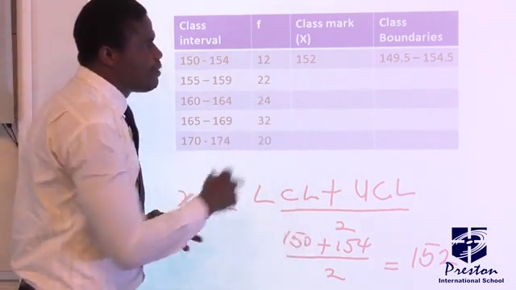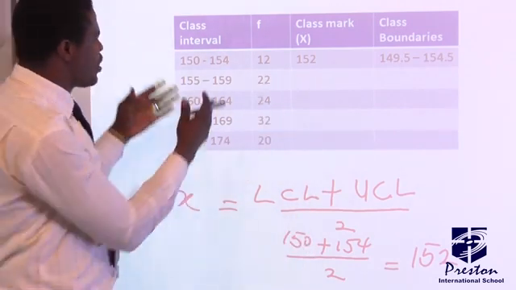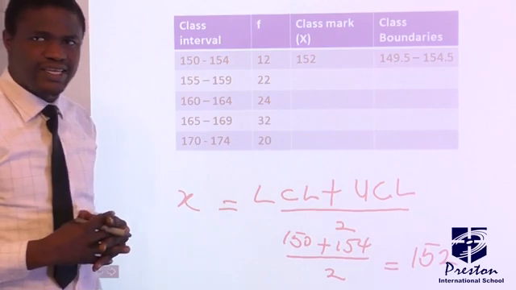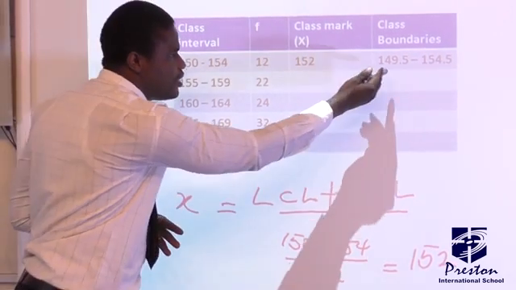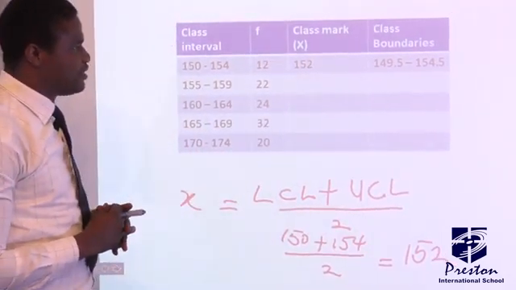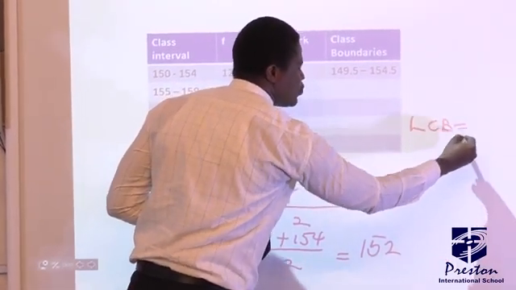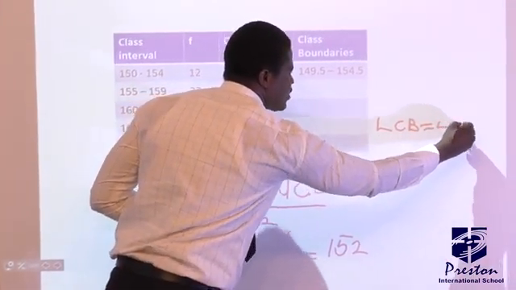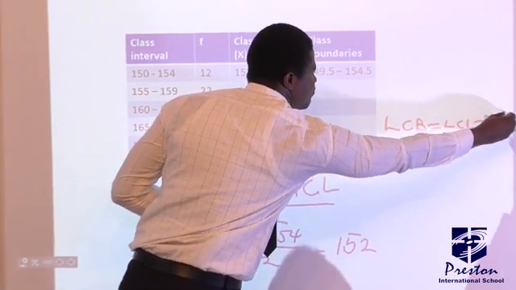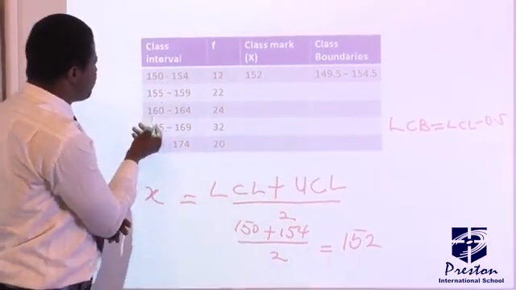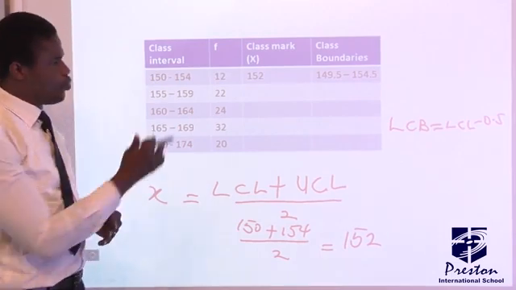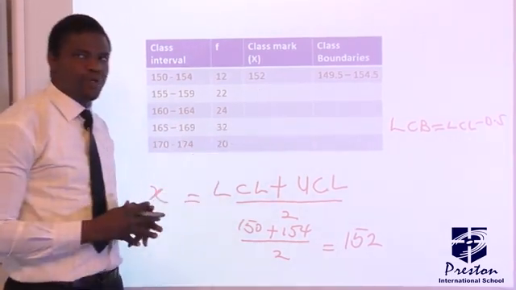Also, we need to talk about class boundary when we are talking about a class interval. Now, how do we get the lower class boundary? The lower class boundary is equal to lower class limit minus 0.5. If you subtract 0.5 from 150, we will have 149.5.